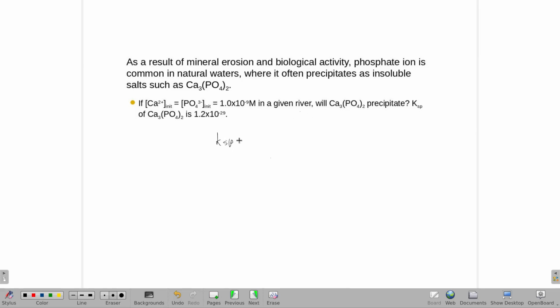And all we have to do is take our KSP equation, and this is 3 calciums for every 2 phosphates, and plug these values in to get a Q, just like we did in previous chapters.